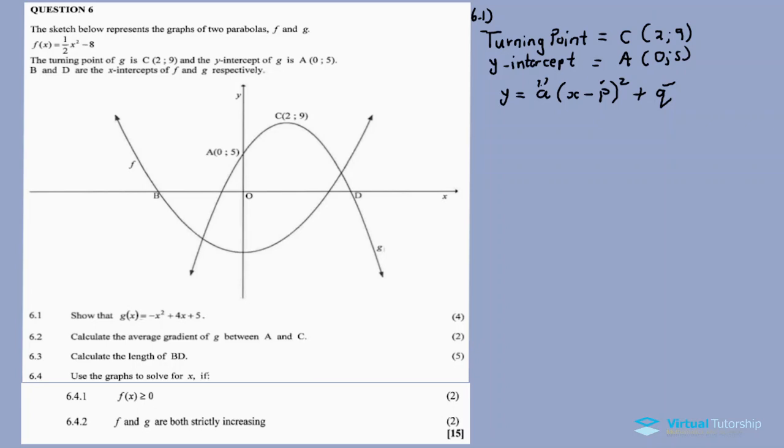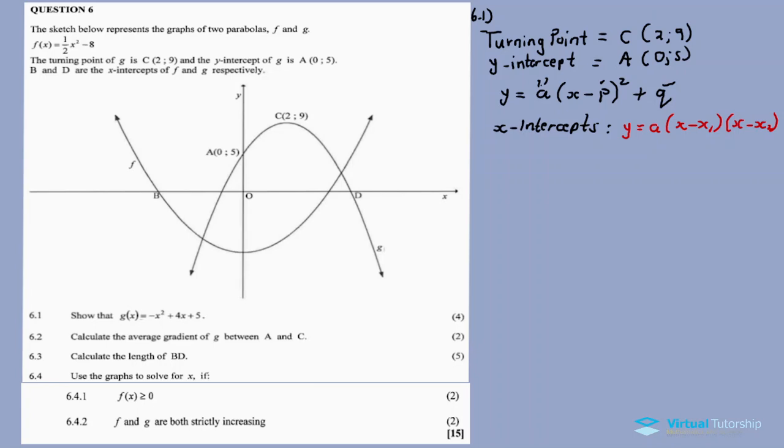This is the formula for finding the equation of a parabola if we are given the turning point. If we are given the x-intercepts, this is the equation for calculating the equation of the graph, where x1 is the first x-intercept and x2 is the second x-intercept. You just substitute and then calculate the value for a.